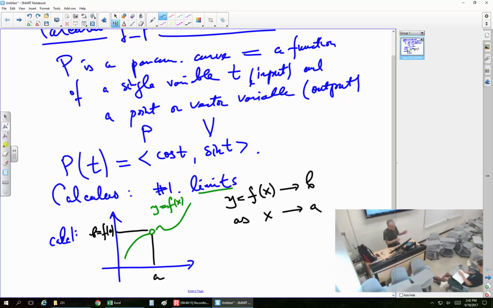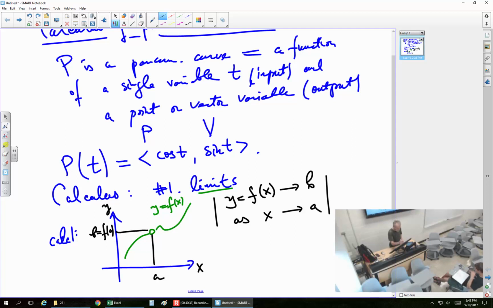So for the graph of a function on the xy plane, it might have a hole in the graph, and the limit still exists. We explain it in informal terms, in a short way: the y variable approaches the value of b right here as x approaches a.